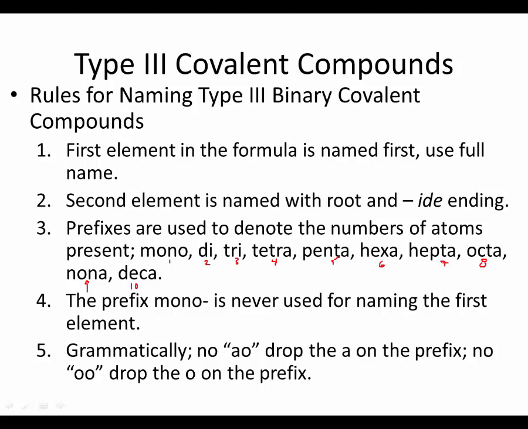Drop the O from mono. It's not tetraoxide, it's tetroxide. You drop the A from the tetra and the penta and the hexa. So grammatically, no AO, no OO. I know it sounds weird to say pentoxide, but you drop the A on penta, and it's just pentoxide.